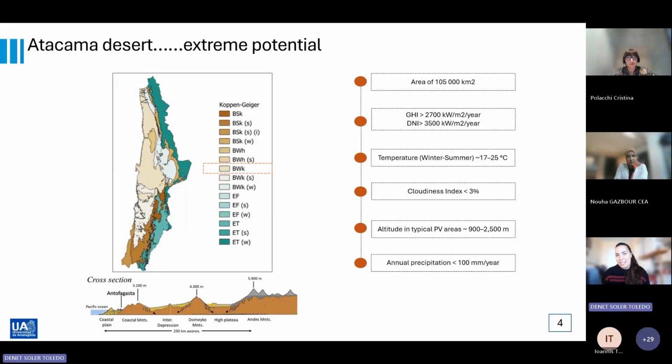We have a lot of space for installed capacity, an area of more than 150,000 kilometers. We have among the most favorable radiation levels in the world, low operational temperature for PV, and we have the altitude, which is a good condition but has two challenges to consider.